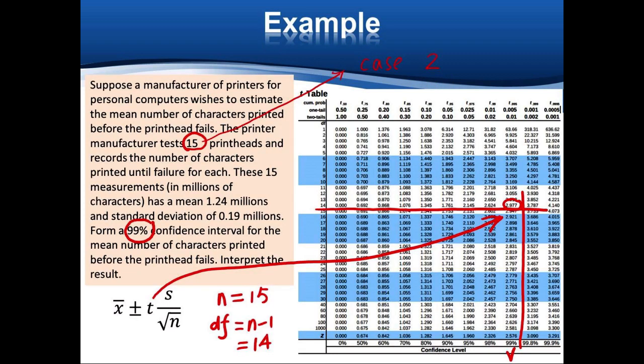Here is another example. Suppose a manufacturer of printers for personal computers wishes to estimate the mean number of characters printed before the print head fails. The manufacturer tests 15 print heads and records the number of characters printed until failing for each.